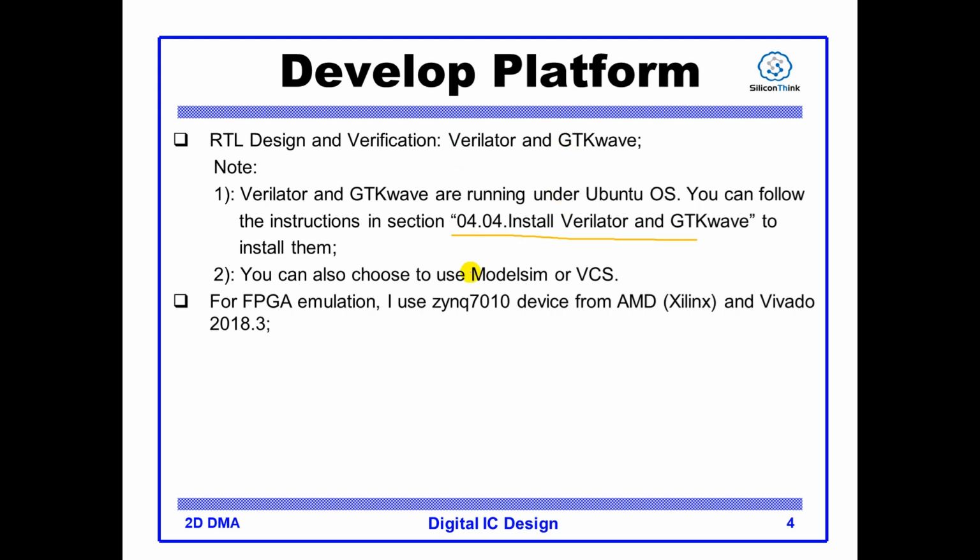Also, if you can access ModelSim or VCS, those can also be used. And for FPGA emulation, I use the Zynq 7010 device from AMD, and the EDA tool is Vivado 2018.3. If you want to follow me to do the FPGA emulation process, you have to prepare an FPGA device by yourself.